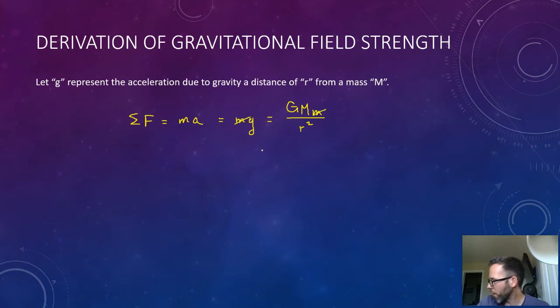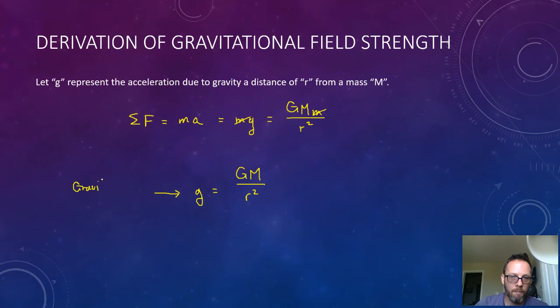And we get an expression for gravitational field strength, g, or our acceleration due to gravity, and we'll talk about the connection there in a second, in terms of the mass of the planet or whatever this body is, divided by how far you are away. So this is our new derivation, our formula for what we call gravitational field strength.